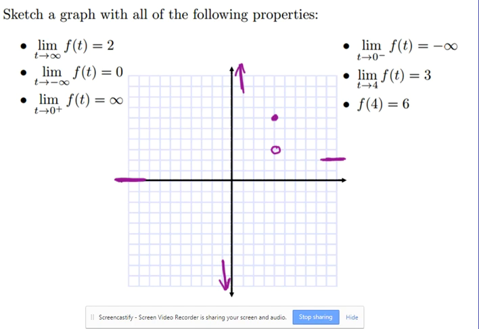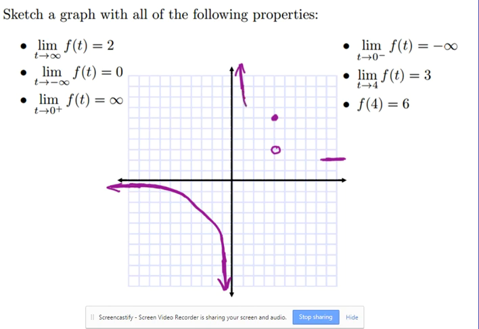Now, they didn't tell us anything else. So our assumption needs to be that this is continuous everywhere else. All right, so I need to connect these pieces. So I'm going to take this part below 0 because my left-handed limit as we're approaching 0 is negative infinity. So that means as we're going to the left, I need to be coming up to 0.